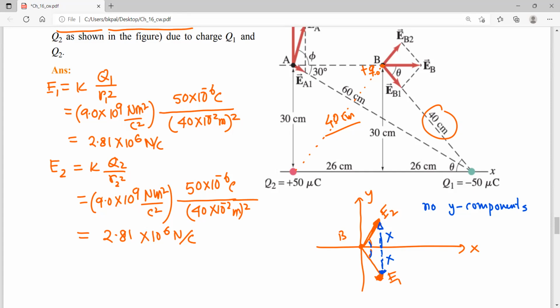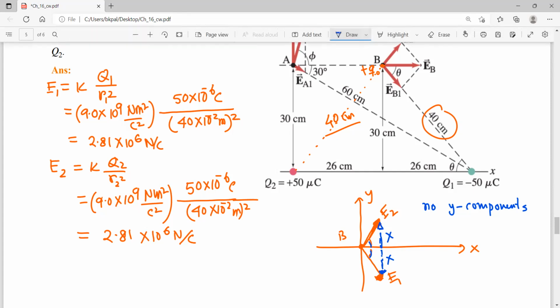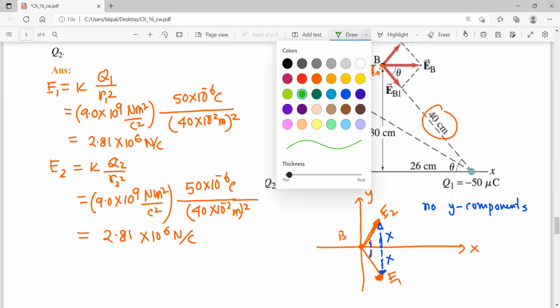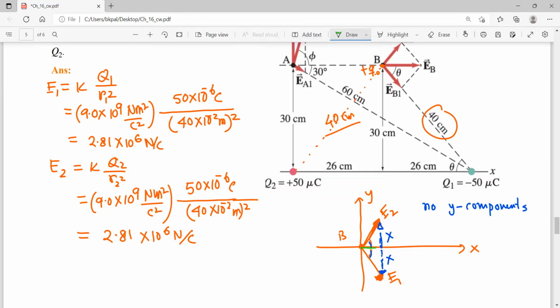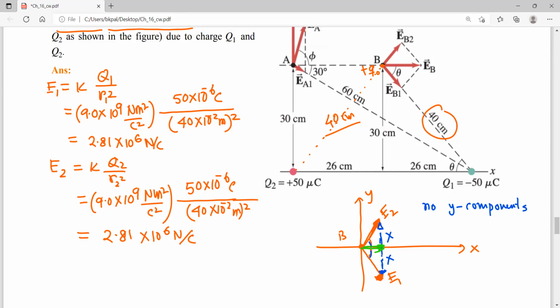But there will be x component. Still there will be x component, and the x component for both will be this one. So this one will be E1x and this one will also be E2x. So what we have to calculate is basically E1x and E2x.